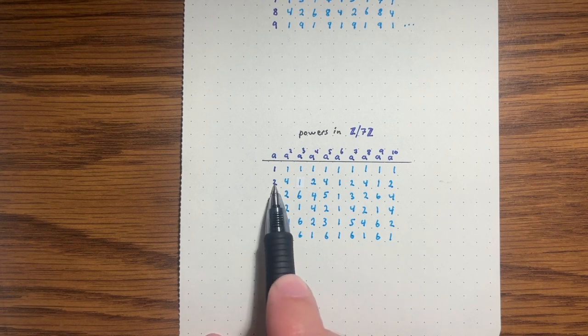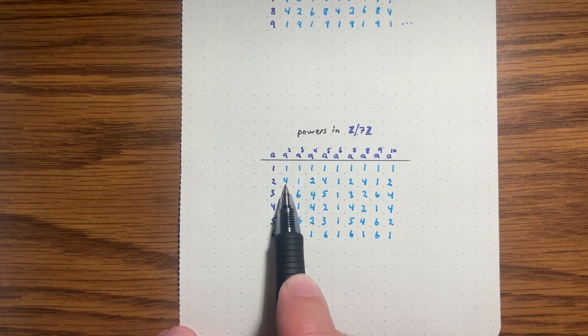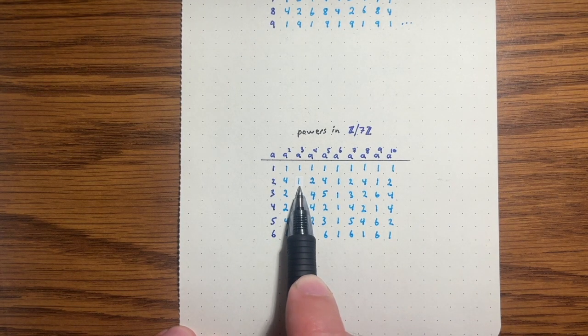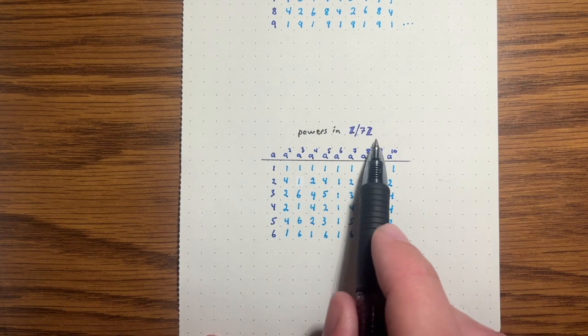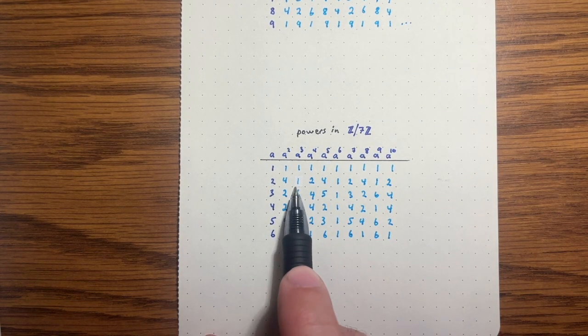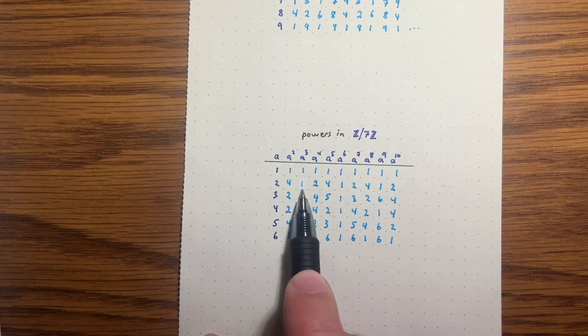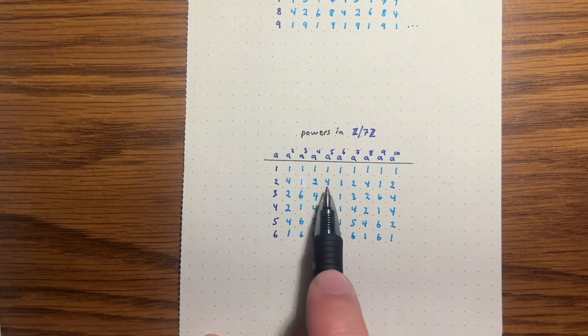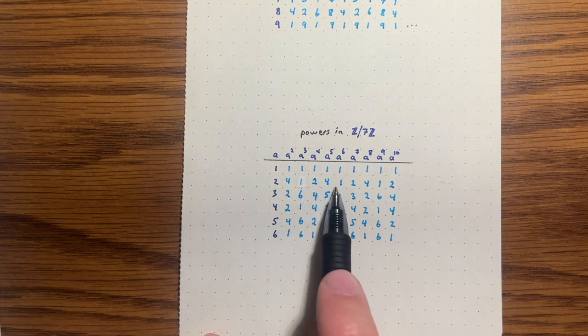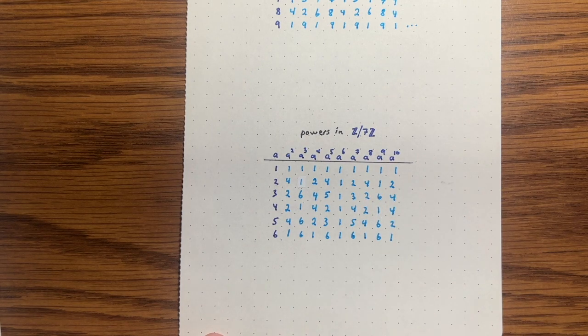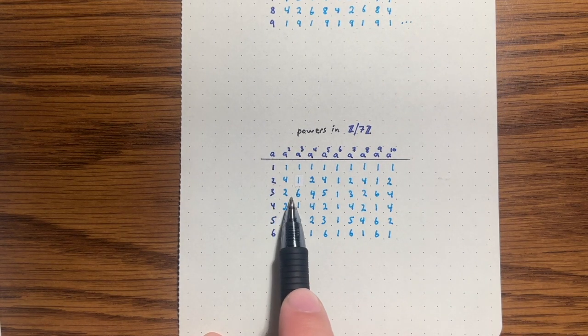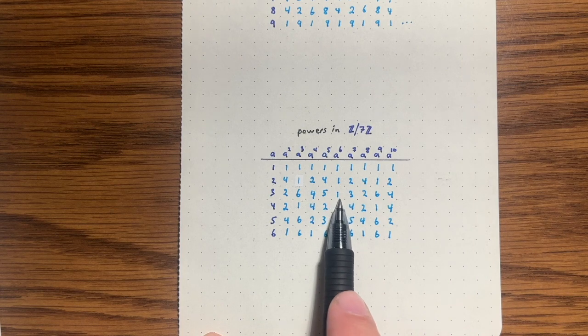For example, 2 squared is 4, 2 cubed is 8, but that's congruent to 1 modulo 7. 8 is the same as 1 in Z mod 7Z. And as soon as we get a 1, our pattern will repeat. 2, 4, 1, 2, 4, 1. The same happens with 3, although we have to go all the way out here before we get a 1.